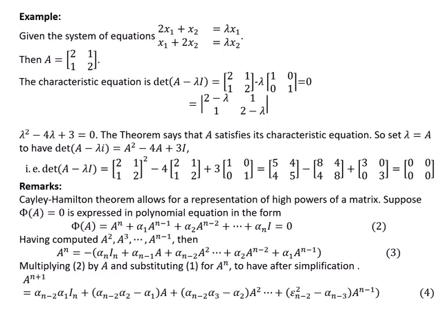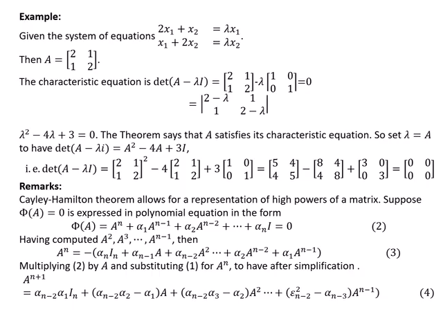You have phi of A to be equal to A raised to power n plus alpha 1 A raised to power n minus 1 plus alpha 2 A raised to power n minus 2, and so on, plus alpha n I equals 0.